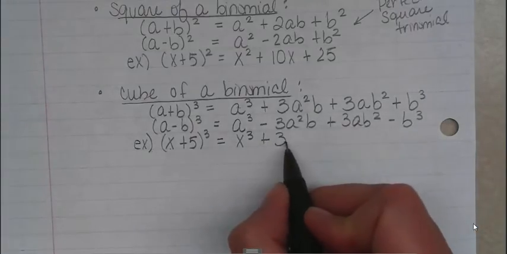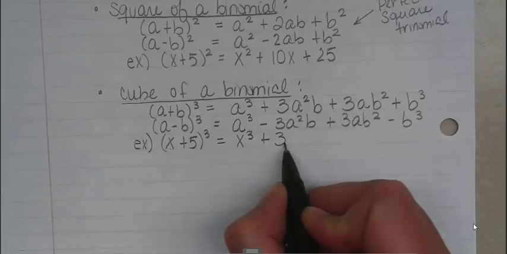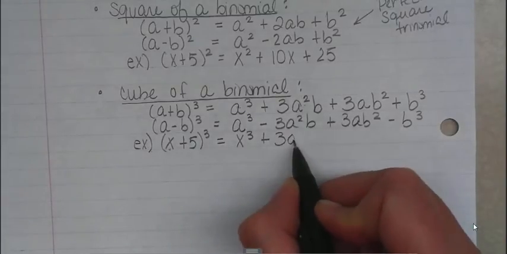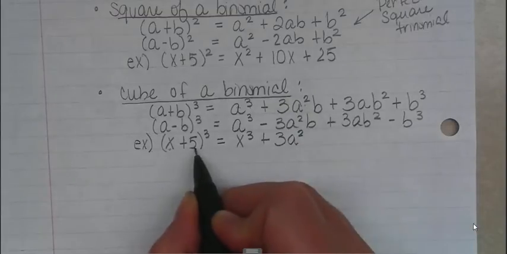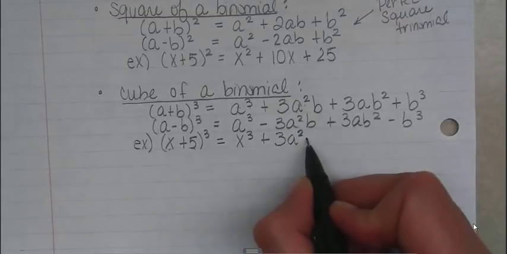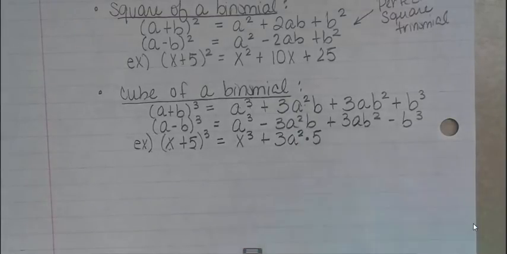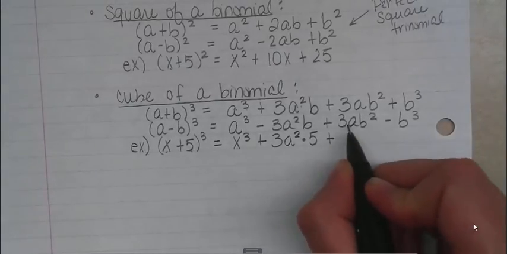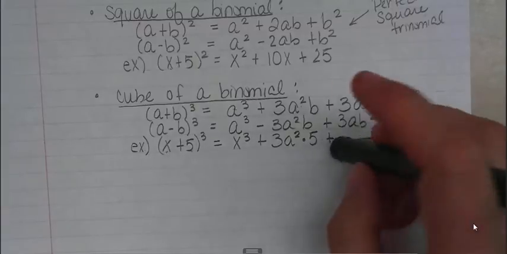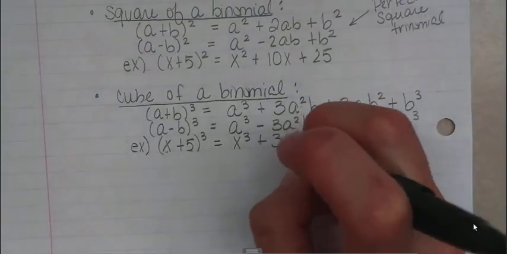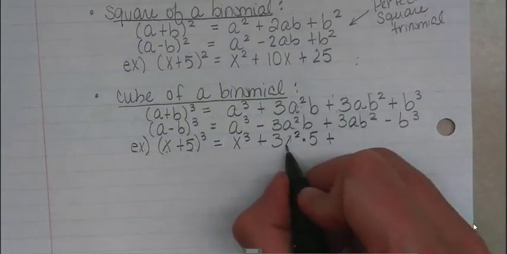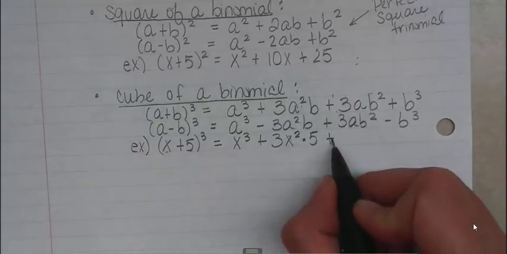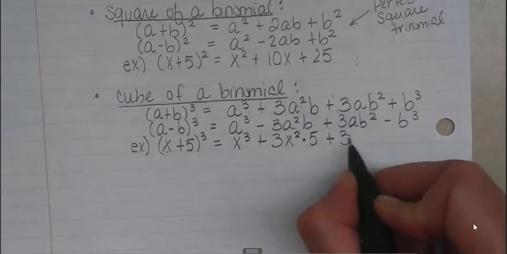All right, so I'm going to add, let's see, so 3, and then the a, or the first term, gets squared now. And now b can come onto the playing field, so we'll times that by 5. Okay, I'm going to do the same thing, but, oops, not a, sorry. I meant x. Now I'm going to keep the 3.